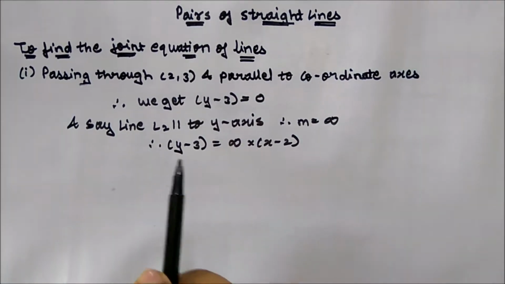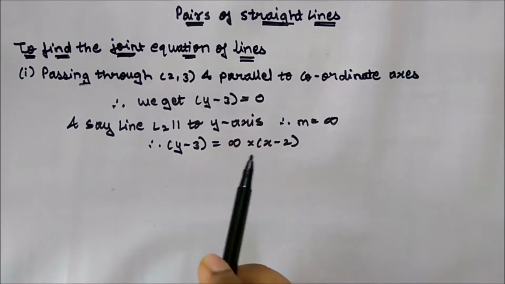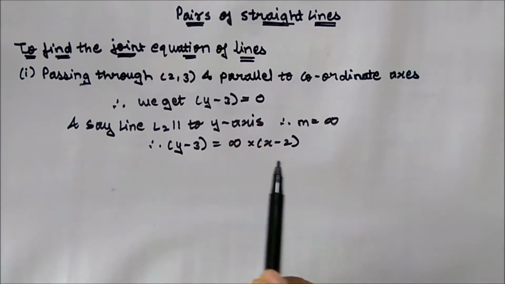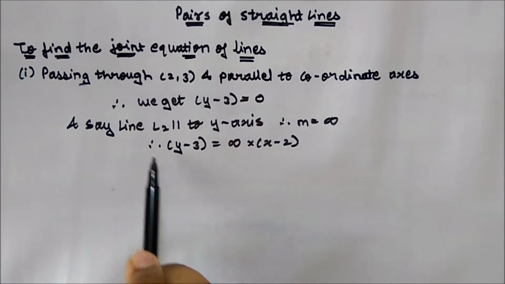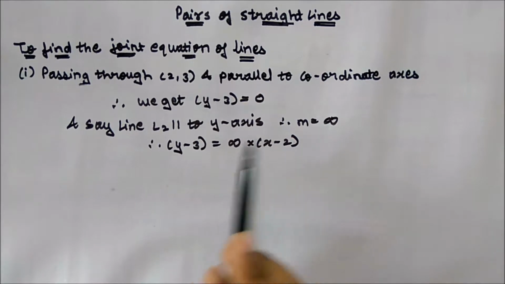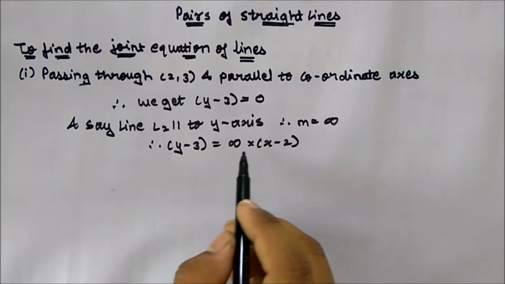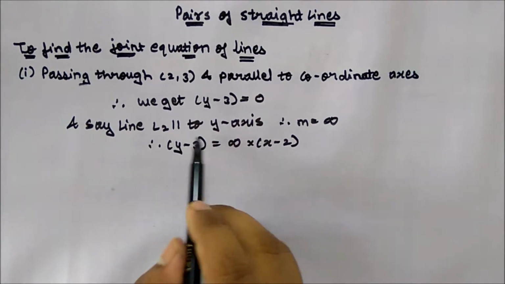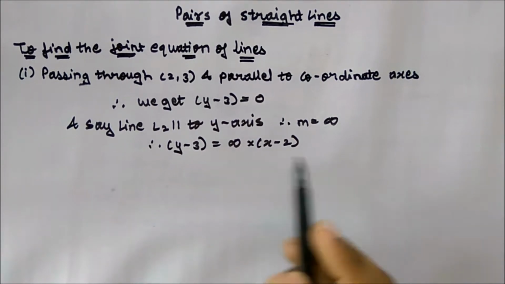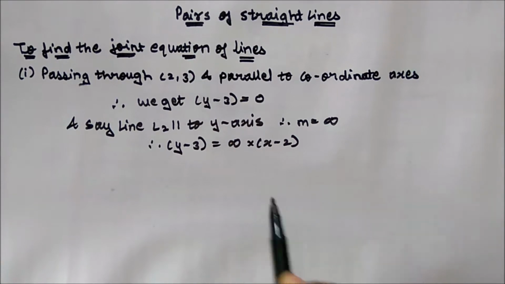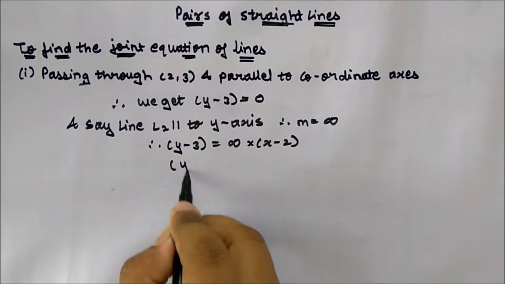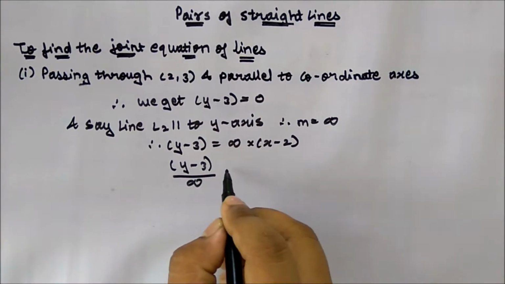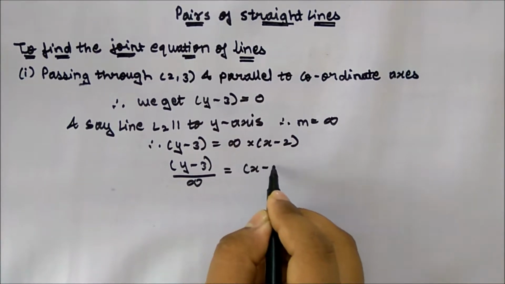Now this method I am showing intentionally because some students opt for this method in exams and get stuck in this equation. What they do is multiply and make this 0, and make this equation also y minus 3 equal to 0. But what actually should be done is bring this infinity below and write it this way.